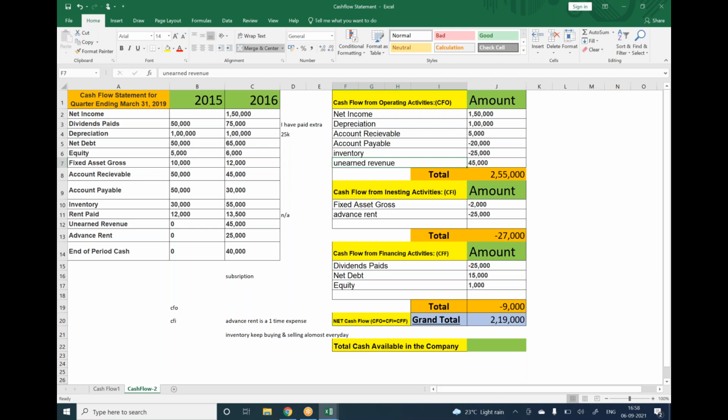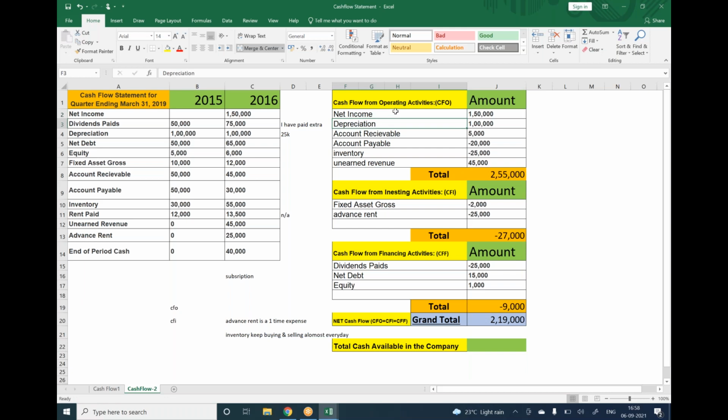Yes, sir. Okay. Whereas CFI, you're only buying an asset one time. Advance rent, you're only going to pay one time. CFF, dividends, net debt, equity, they're all with respect to money getting in for your business or paying to your shareholders, CFF. But observe CFO, income will come every day to you, every month, every week.